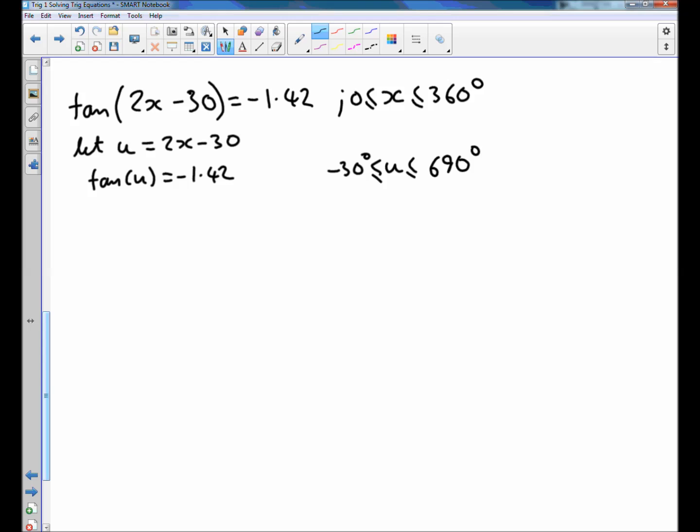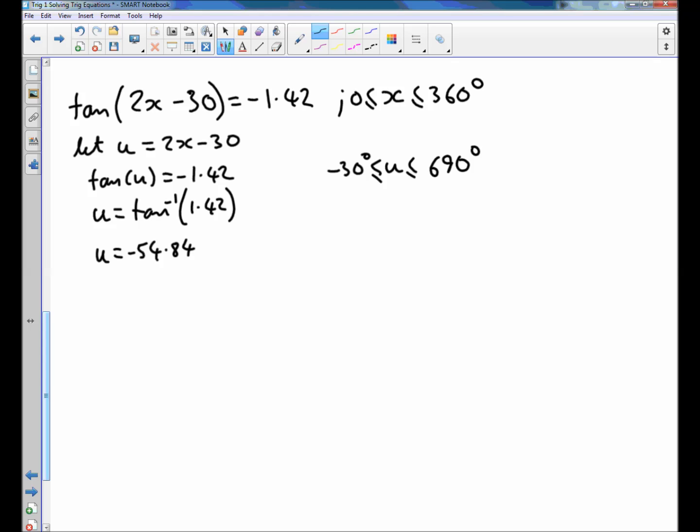Okay, so that gives me my principal solution for u, which is the inverse tangent of minus 1.42, so my principal solution is going to be minus 54.84. You'll notice that that's outside of my domain.